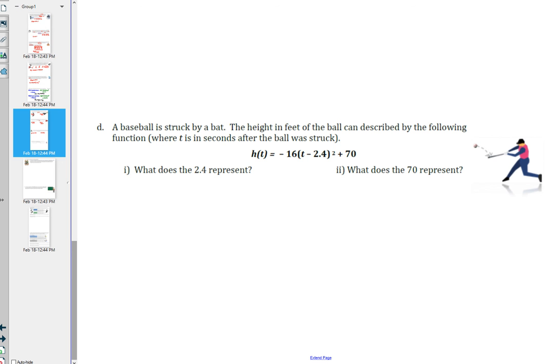Remember that a vertex, h comma k, is really just the x and y of the vertex. The ball is struck, the height in feet of the ball can be described by the following function where t is in seconds. So in this case, the x is the time and the y is the height of the ball.